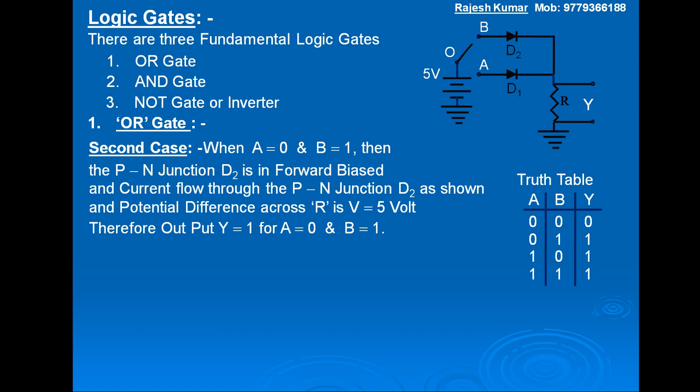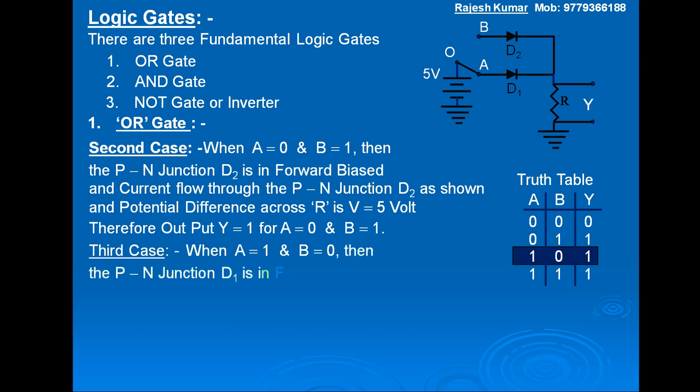Now third case, when A is equal to 1 and B is equal to 0. For this, connect point O to point A so that point A becomes high potential, or input A becomes 1, and point B is at low potential, that is, input B is 0.